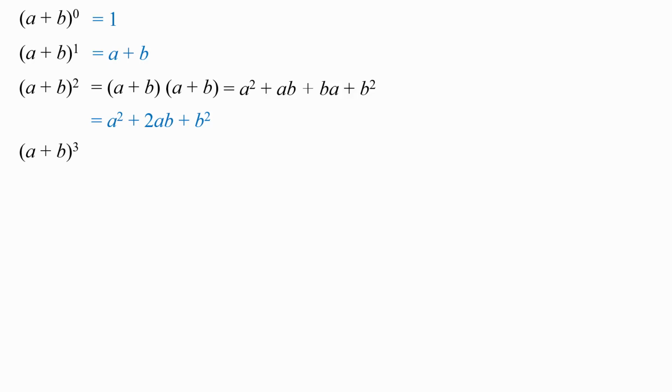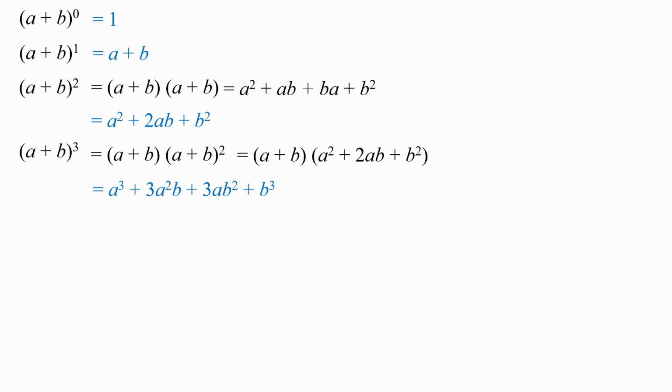If we increase the power by 1, we can work out (a + b) to the power of 3, or (a + b) cubed. We can write it in that form, and then by expanding brackets, we obtain a cubed plus 3a squared b plus 3ab squared plus b cubed.